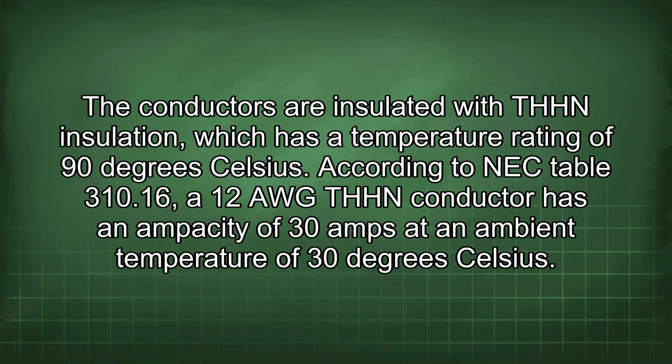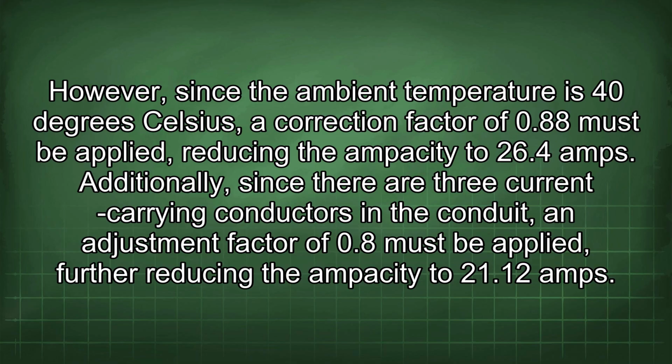According to NEC Table 310.16, a 12 AWG THHN conductor has an ampacity of 30 amps at an ambient temperature of 30 degrees Celsius. However, since the ambient temperature is 40 degrees Celsius, a correction factor of 0.88 must be applied, reducing the ampacity to 26.4 amps.